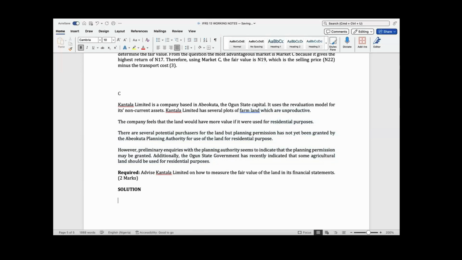Okay, so one of the assumptions made by market participants is that the fair value of a non-financial asset is determined based on its highest and best use.